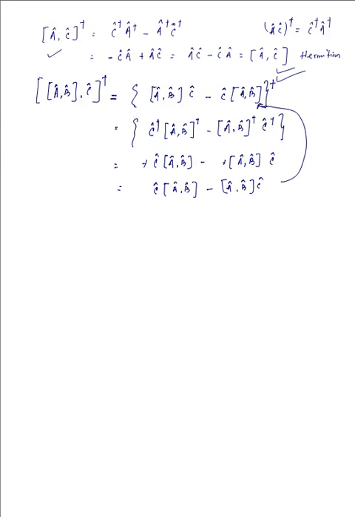So this is actually minus of ABC minus CAB. Not using the word commutation that frequently, but it's understood. I'm writing it down. So this is negative. So this is anti-Hermitian. We are taking the adjoint and we are getting an anti-Hermitian.